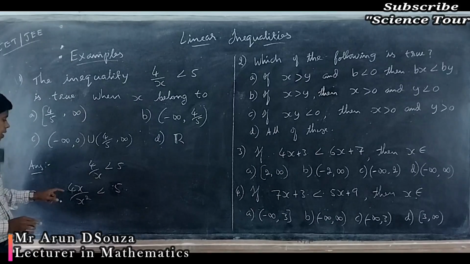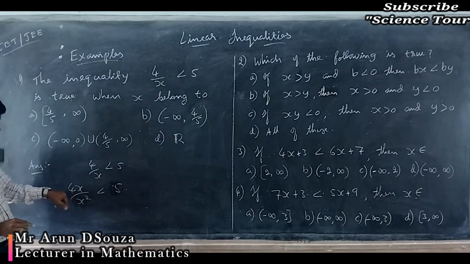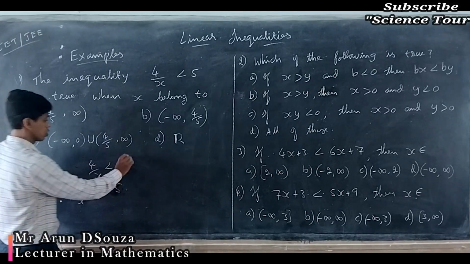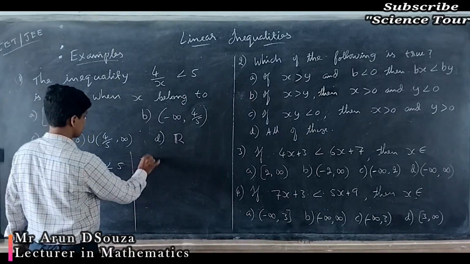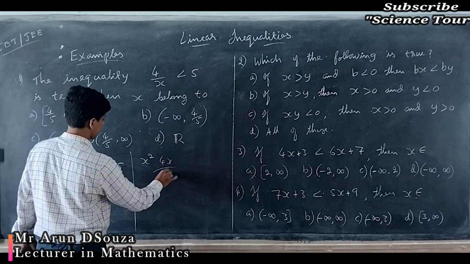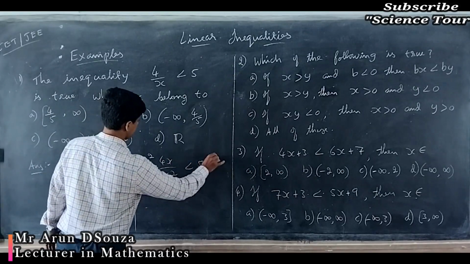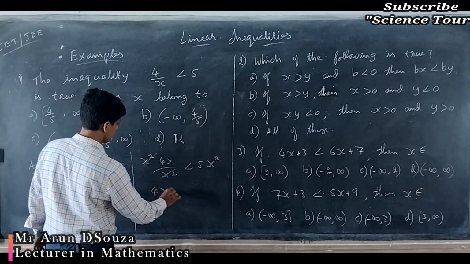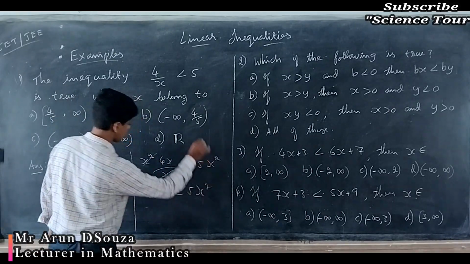Now you can multiply x square on both sides. Okay, so now multiply x square on both sides, then you can cancel out this x square on one side. So 4x is less than 5x square.